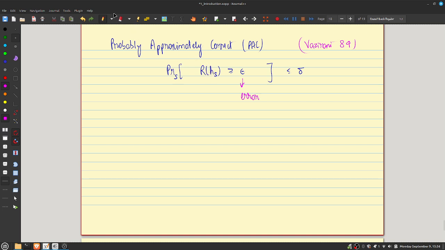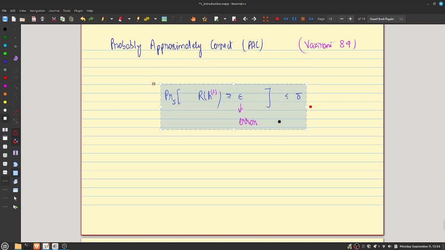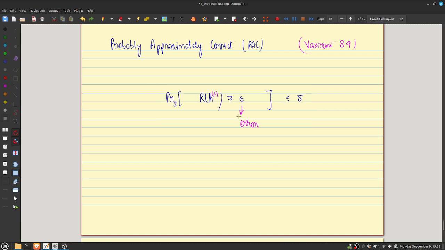Okay, so let me not use HS, but let me just have the specific property for the corresponding prime. Okay, so let me go at it step by step. So what is the framework? You observe, you get the training set S, right?